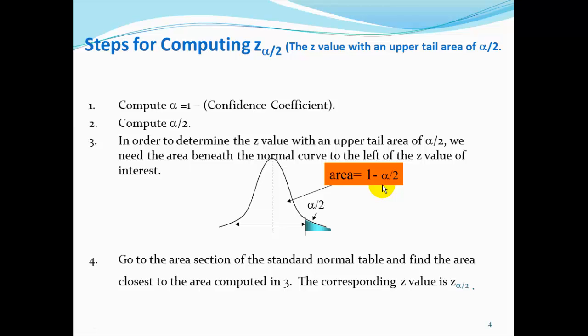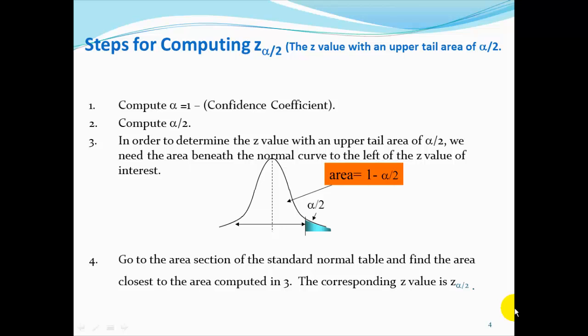For this reason, in step 3, we compute the area 1 minus alpha divided by 2. In step 4, we go to the area section of the cumulative standard normal table and find the area as close as possible to the area that we computed in step 3. The corresponding z value is our z alpha over 2 value.